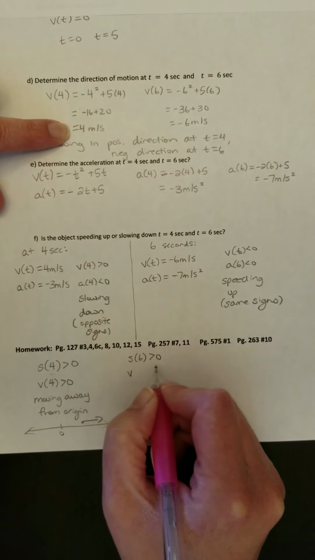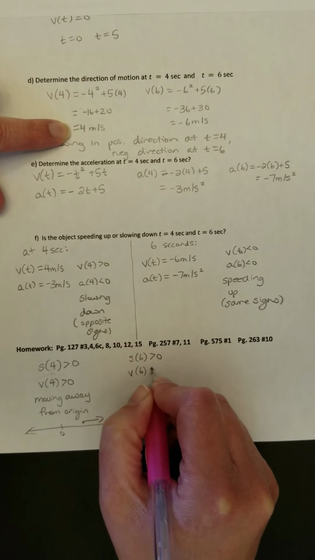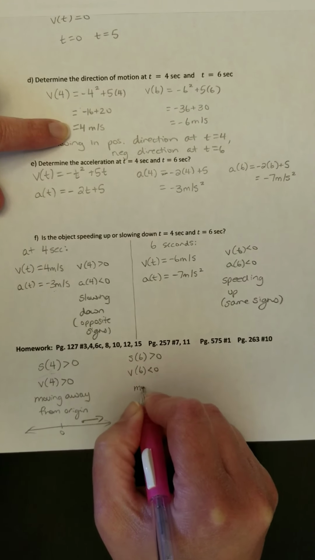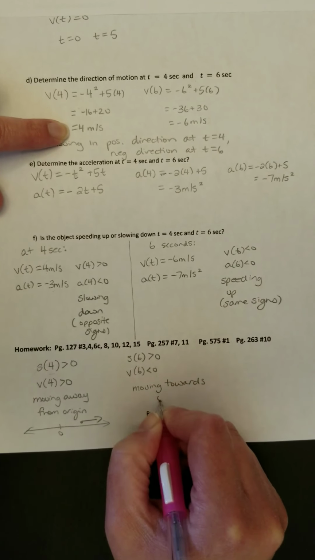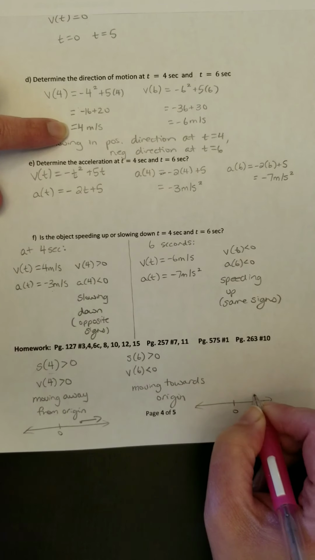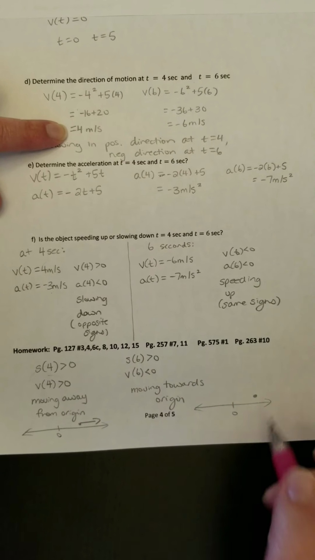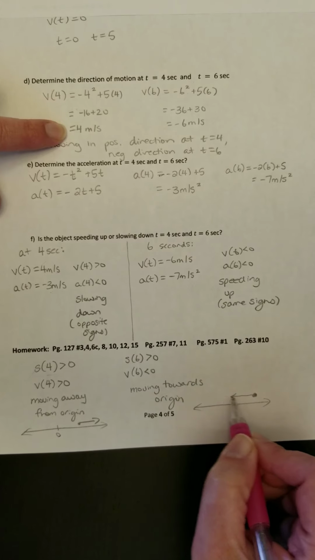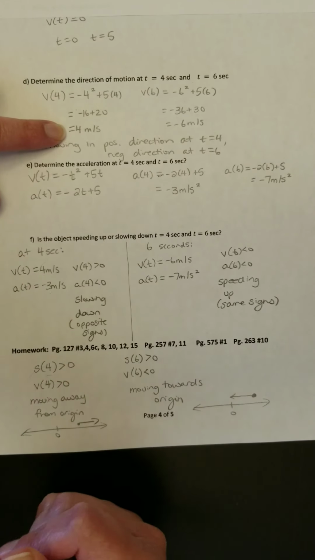And here, the position is in a positive spot, but the velocity at 6 seconds is negative. So this would be moving towards the origin. So on that straight line movement, it's in a positive position because s at 6 is a positive value, but the velocity is negative. So it's in a positive spot, but moving backwards towards the origin, moving left or down.